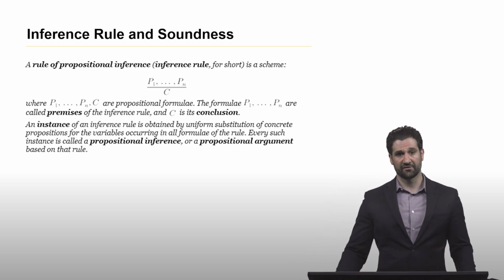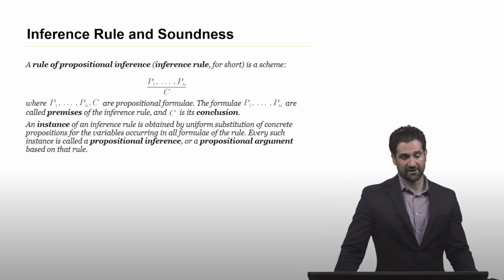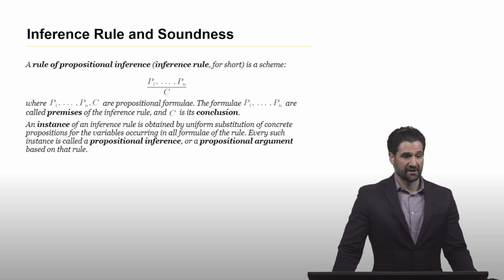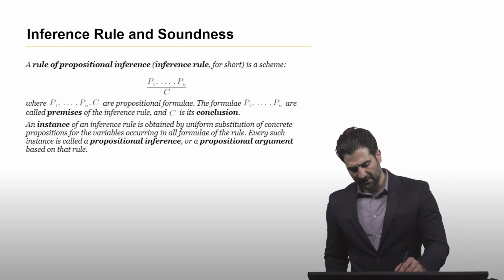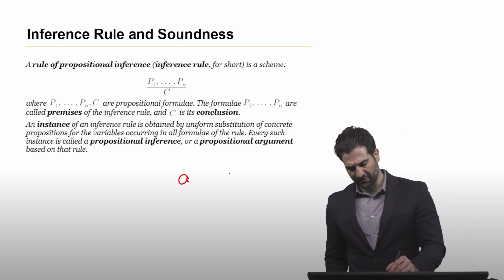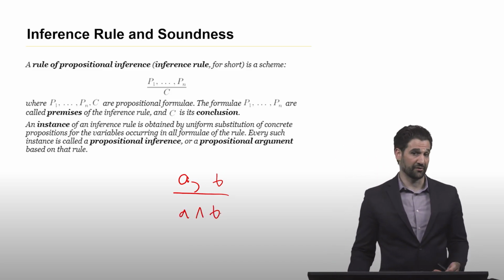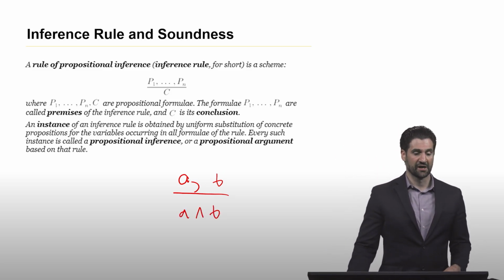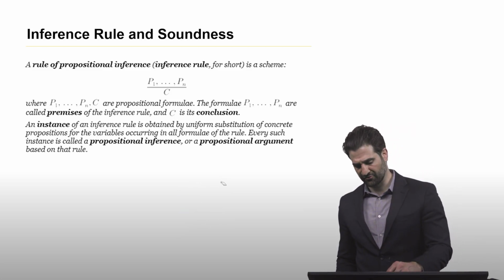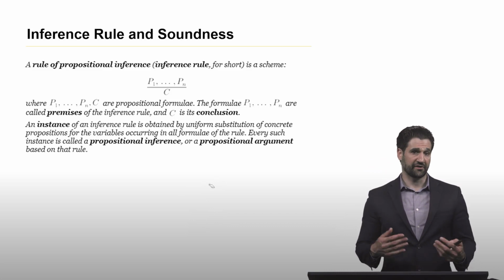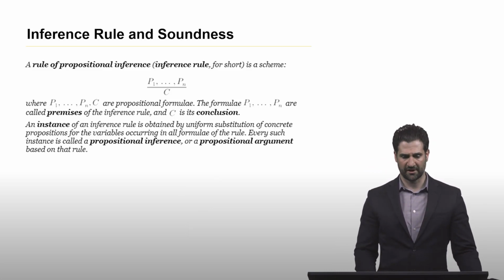A very easy example of this would be that if we have, let's say, A is true and B is true, well, we can conclude A and B is also true. This follows right from the definition of a conjunction. And so we can write a bunch of rules like that to help us with the inference process.